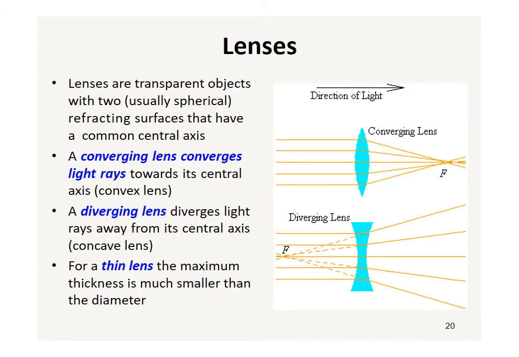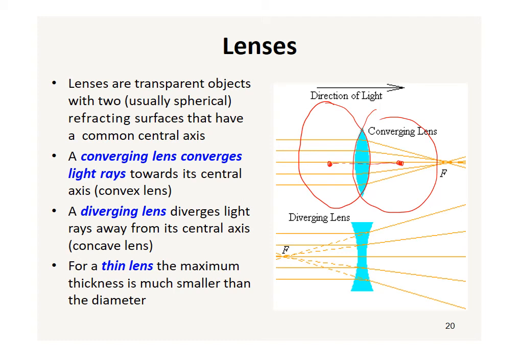A lens is a piece of glass with a refractive index of n, a constant value, bounded by two spherical surfaces. And the line joining the centers of curvature defines the optical axis of the lens. So there's the center of one radius, one sphere, there's the center of the other, and you can see that the line joining them defines the optical axis of the lens.